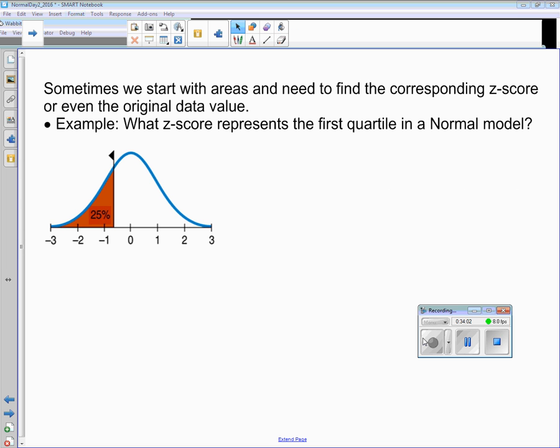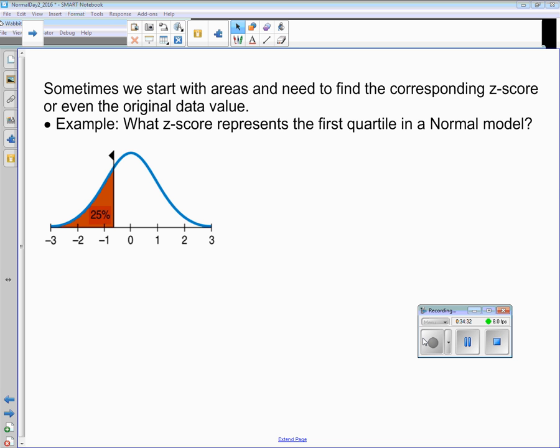One of the differences between the questions we've done up to this point and this one is that I gave you a picture, whereas before I asked you to draw your own. It's asking for a Z-score, and it says what the Z-score represents.